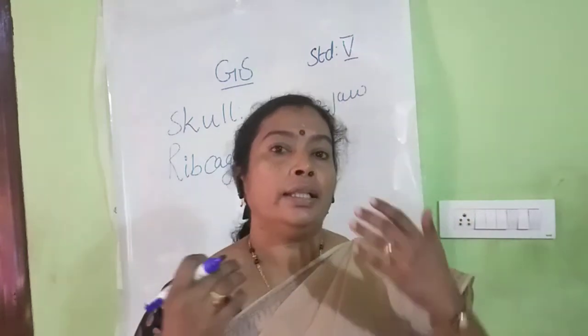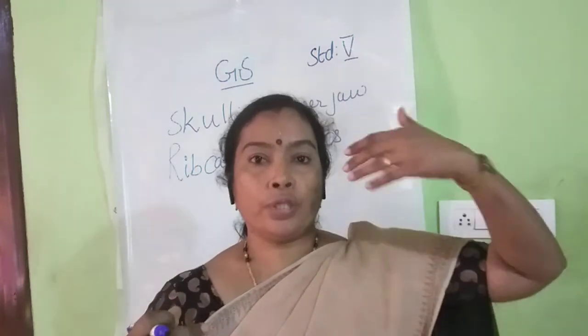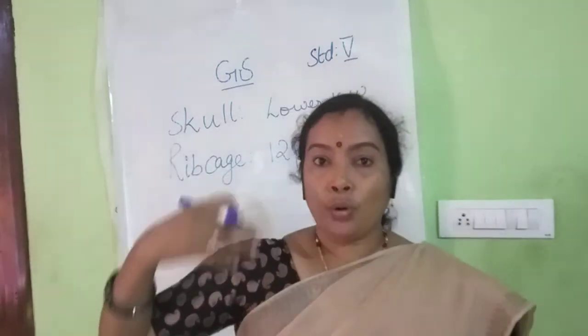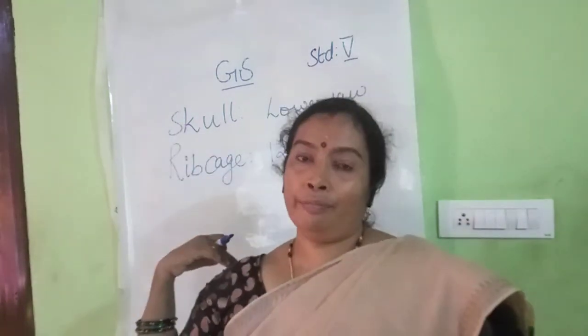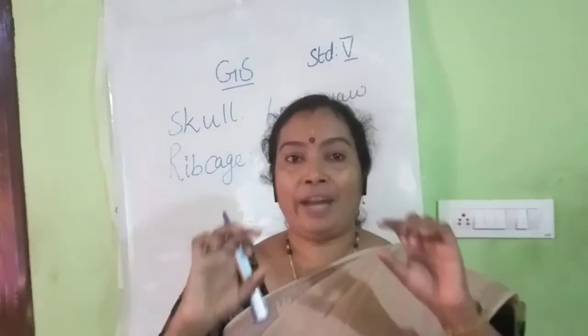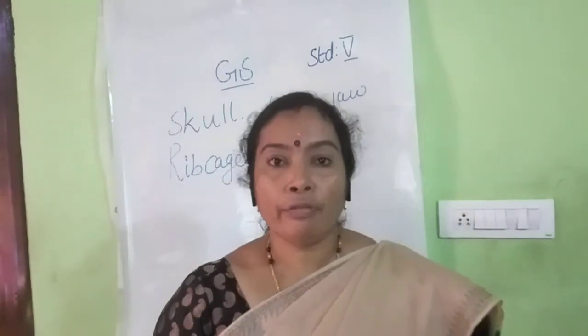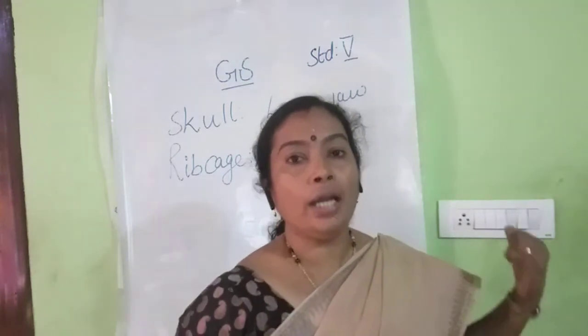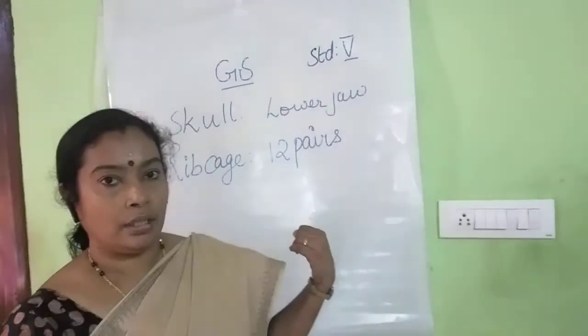If you take the left side, 6 bones in front and 6 bones in back. On your right side, 6 bones in front and 6 bones in back. So, 12 pairs of small flat bones forming a cage shape. That is called rib cage. Is it clear?